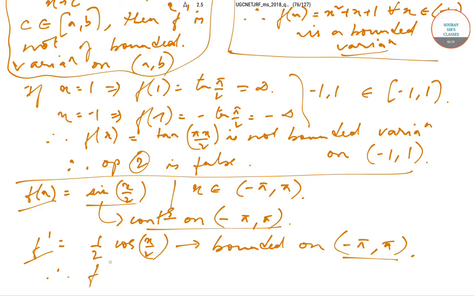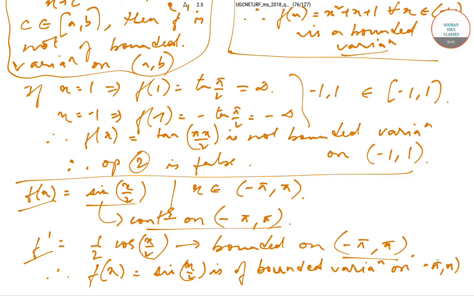So therefore f of x equal to sine of x by 2 is of bounded variation on minus pi to pi, and that implies option 3 is correct. Option 3 is correct.